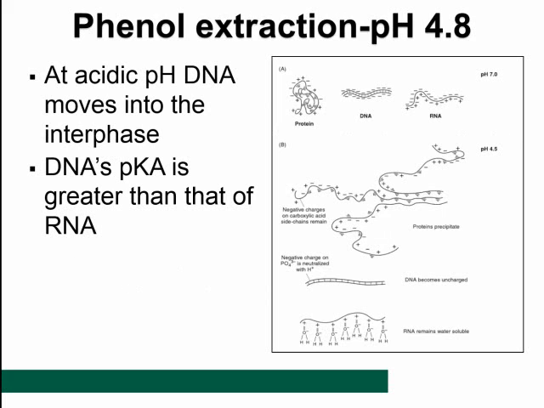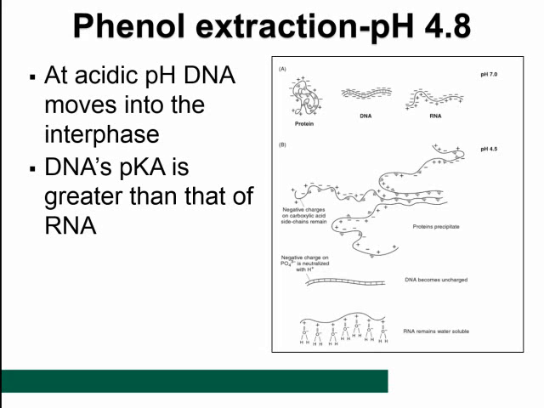At acidic pH, the DNA will move into the interface. Why is that? When you lower the pH, you have gone below the pKa of the DNA. The pKa of the DNA is much higher than the pKa of the RNA.